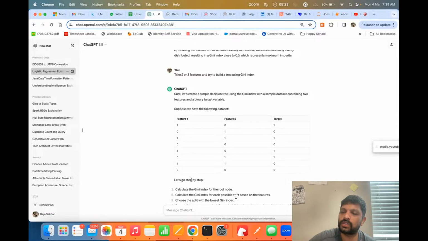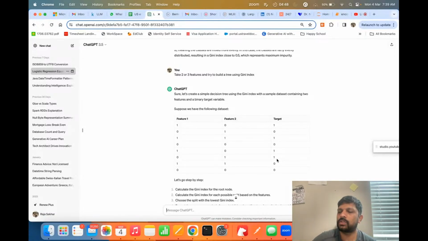If f1 is equal to 0, then the split would be 0, 0, and 1, 0. Similarly, it's the same thing, so f1 equal to 0 is also going to be 0.375. And f2 is equal to 1 will be two zeros and two ones, as we have seen, right? 0 1 1 0.